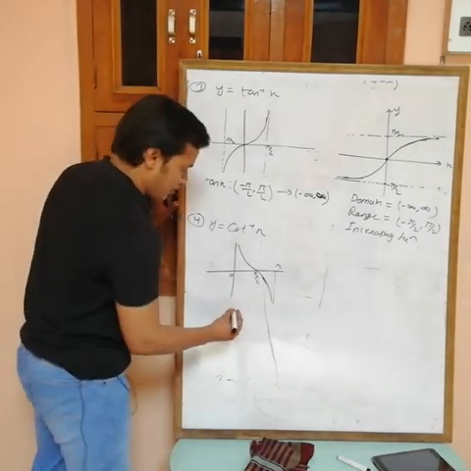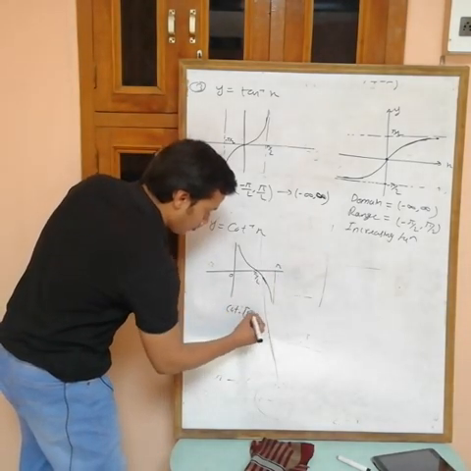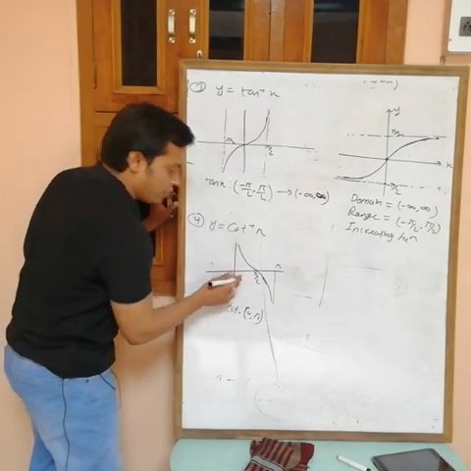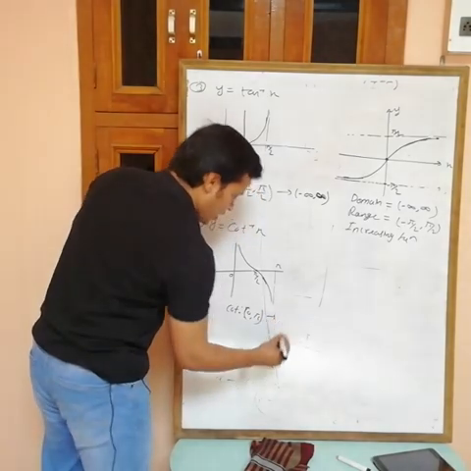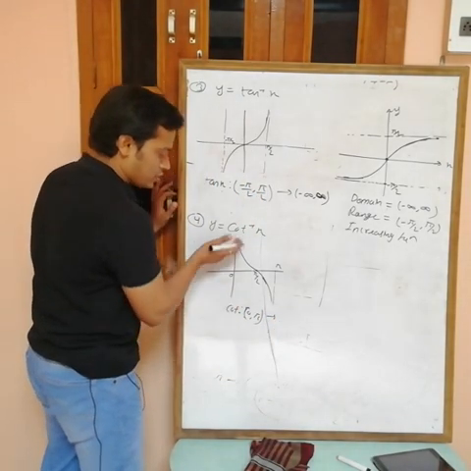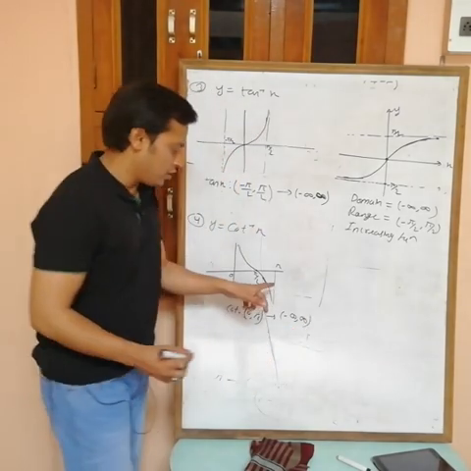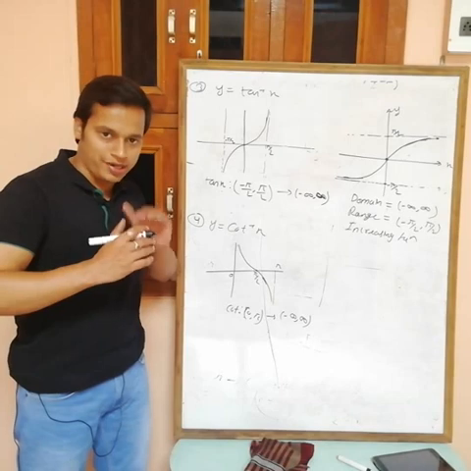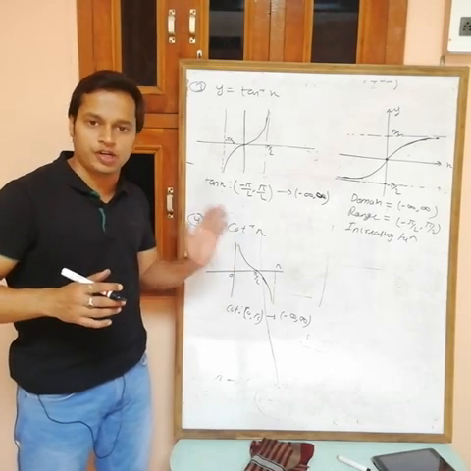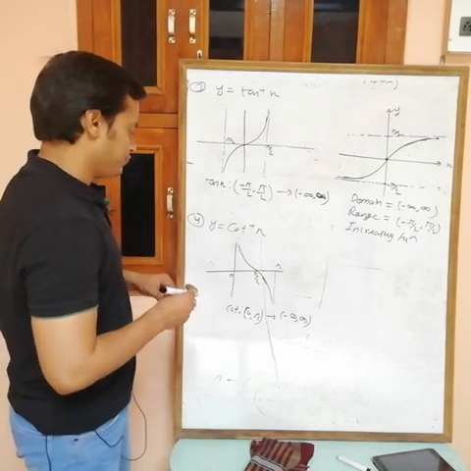So we are defining this on the open interval 0 comma pi, because at 0 and pi both values are infinity. And the range is minus infinity to plus infinity. Here we have minus infinity, here we have plus infinity. So the range, minimum to maximum, is minus infinity to plus infinity, all possible values of y.